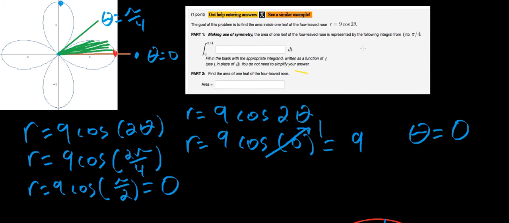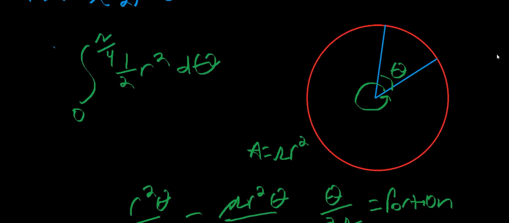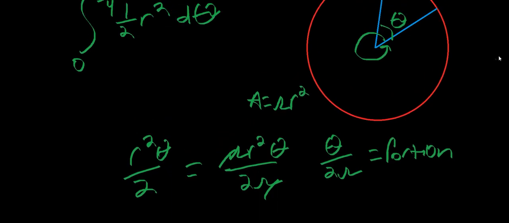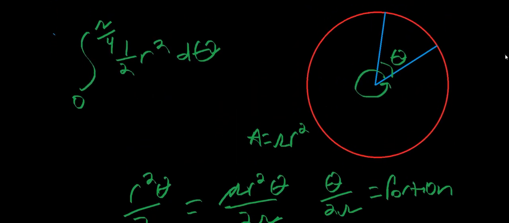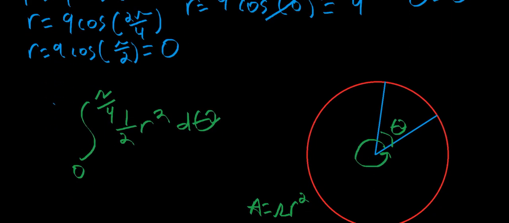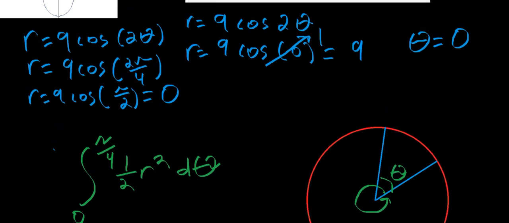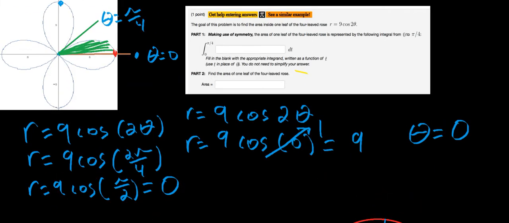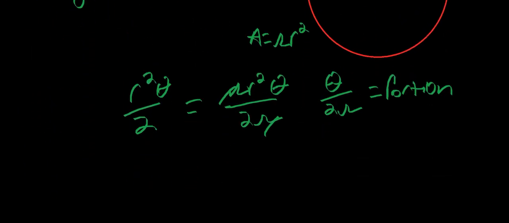So that's why theta turns to d theta there, and that's how we get our little formula, in a not so great explanation. But now that we've determined our integral, let's go ahead and plug in our r. And again, they gave us our r already, which is 9 cosine 2 theta. Now let me zoom out here.